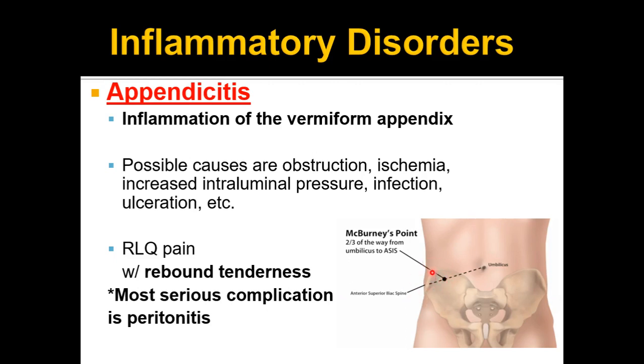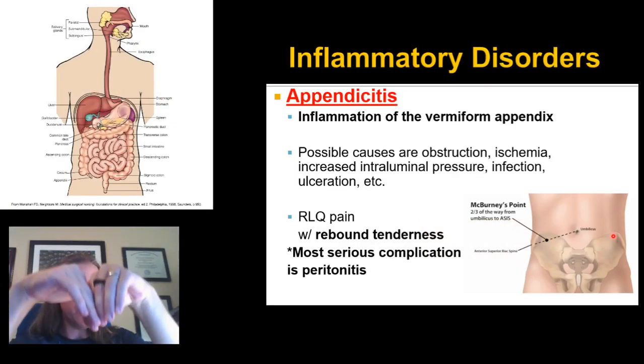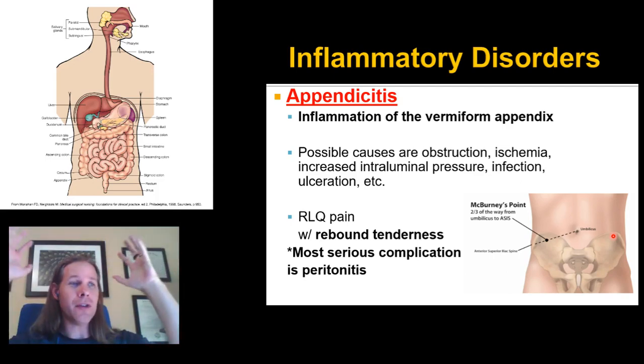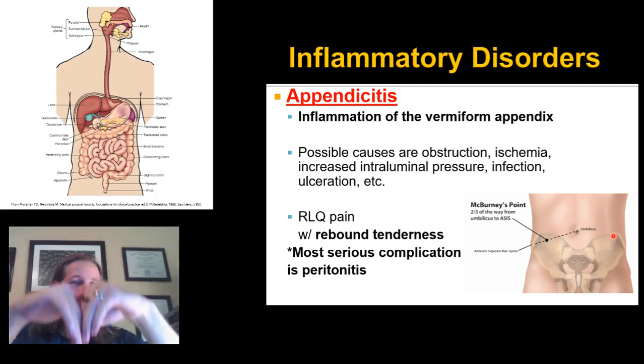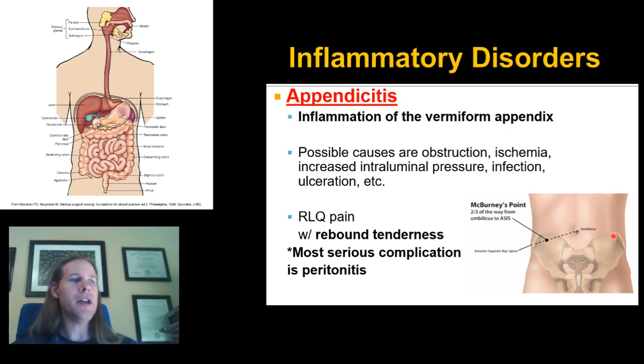So in testing that point, we will palpate it, but also push into it with our fingertips and then release our hands quickly. So pushing down into the abdomen compresses the appendix, but then releasing it quickly will let us know if there's rebound tenderness or not.